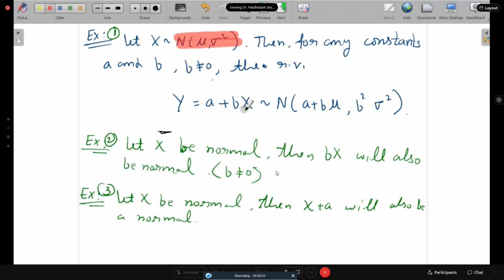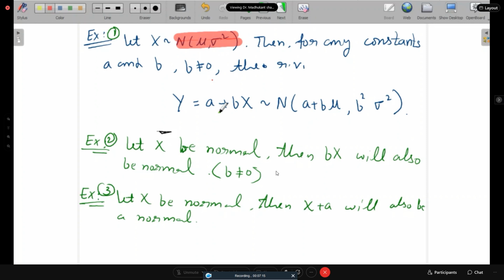And if you shift the normal random variable, shifting will not change the distribution. It will only change the mean and variance, and the corresponding density function will also be different based on this mean and this variance. However, that will also behave like a normal distribution.